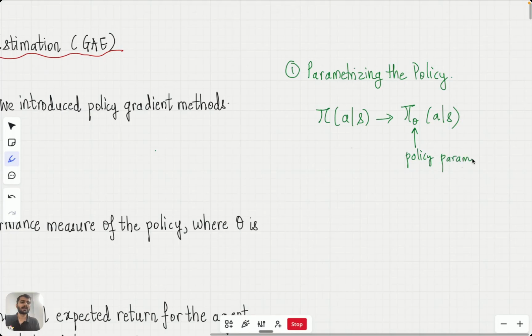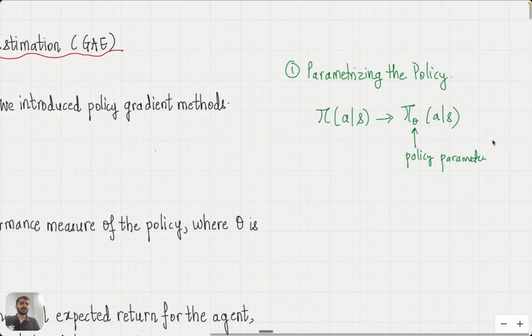So we are going to express our policy in terms of this policy parameter which is called theta. We also looked at one simple way of expressing this, which is softmax in preferences.